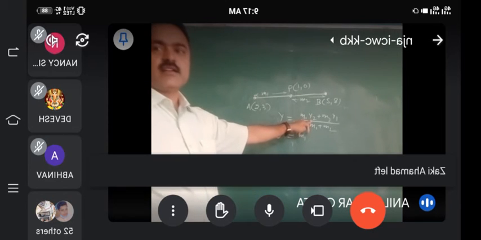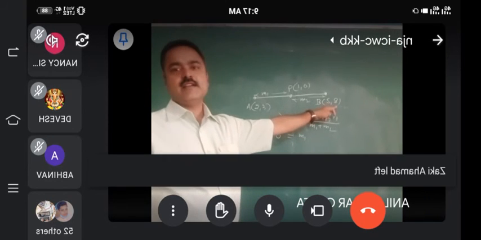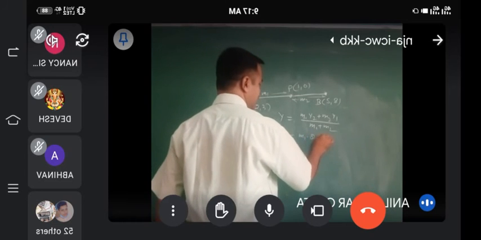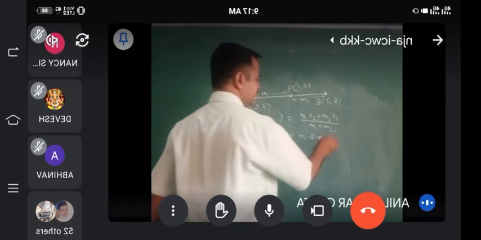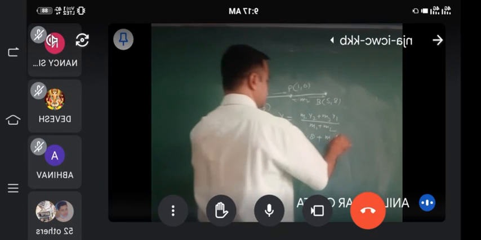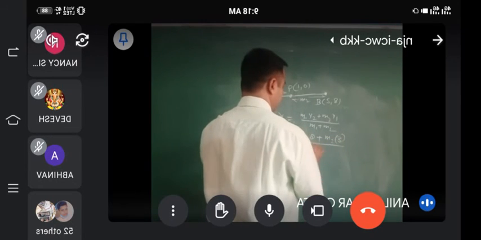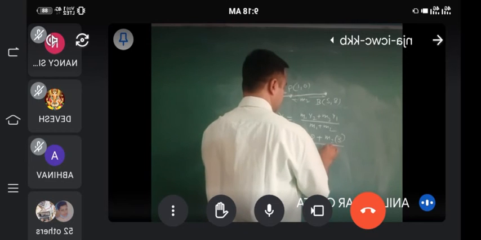M1 is not given, so take M1 as it is. The coordinate Y2 is 8, so this is 8, plus M2 multiplied by Y1, and Y1 is 3, upon M1 plus M2.